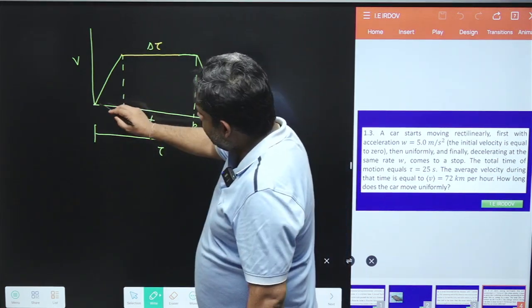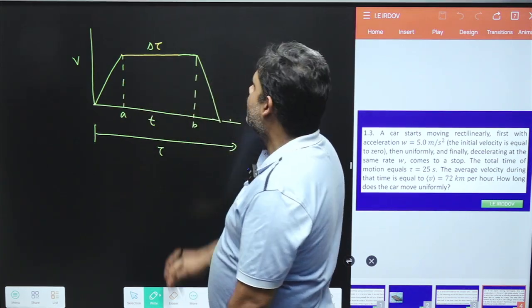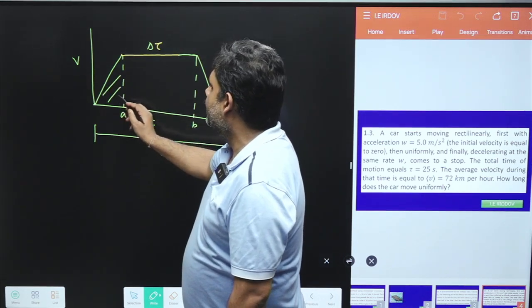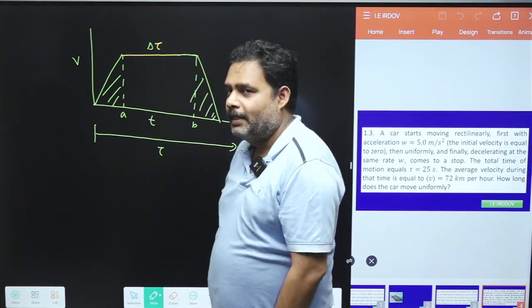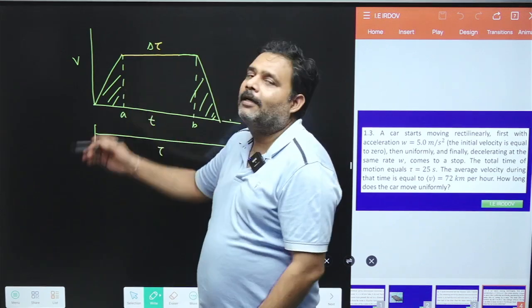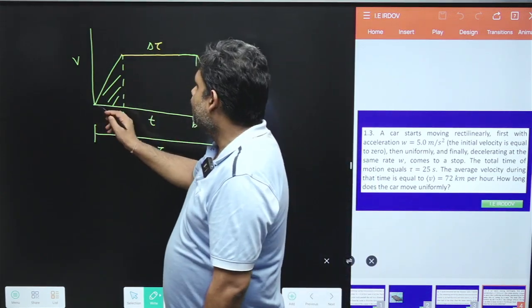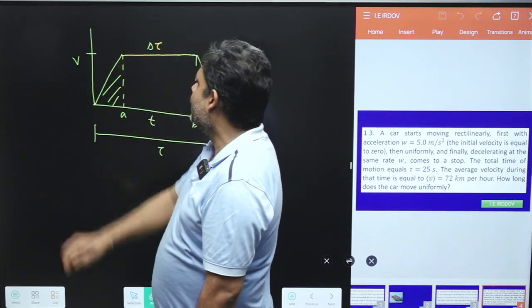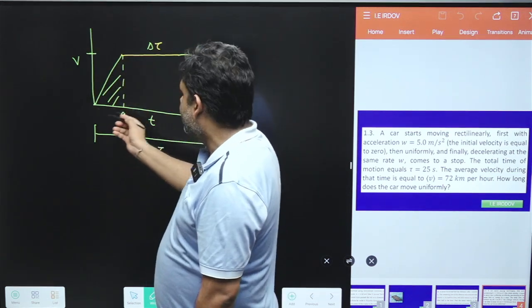Since it accelerates with the same acceleration W and decelerates with the same W, the area under this curve and the area under that curve are the same. The area under the curve is nothing but the distance, as we all know. We can also calculate the value of this velocity if we can find this particular time.